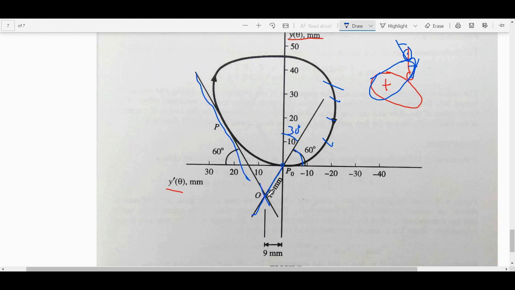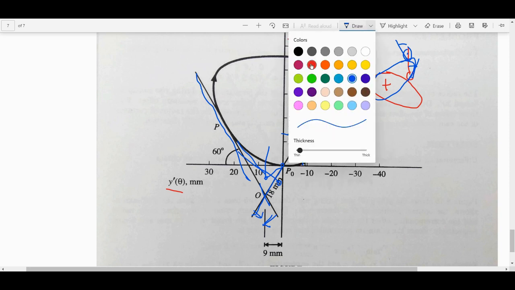Now if I am somewhere here, then I will get a larger pressure angle than 30 degrees. I can't be here because I'll have a larger pressure angle, right? So I have to be to this side of the line, and the smallest radius possible then is this value here.